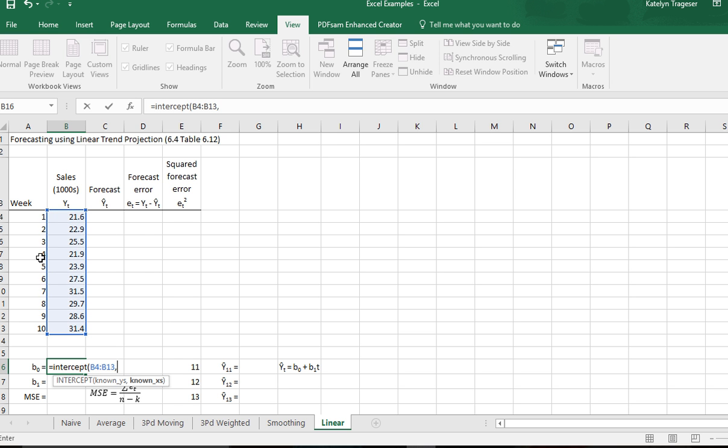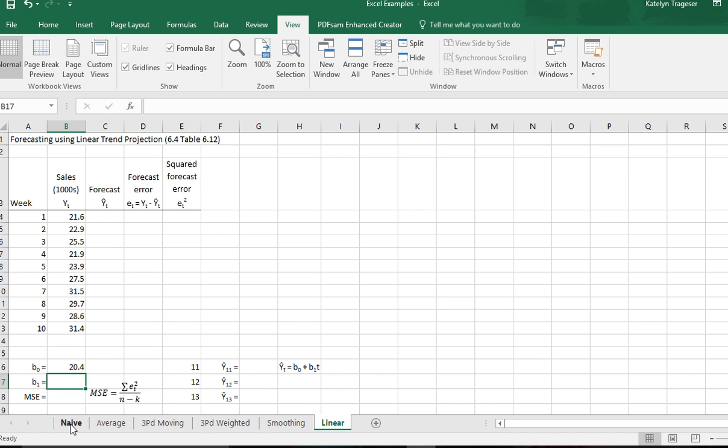And our known X values, which are our weeks. And we can see that our y-intercept is 20.4. Now that's in terms of thousands, so that's where we cross the y-axis at 20.4 thousand.